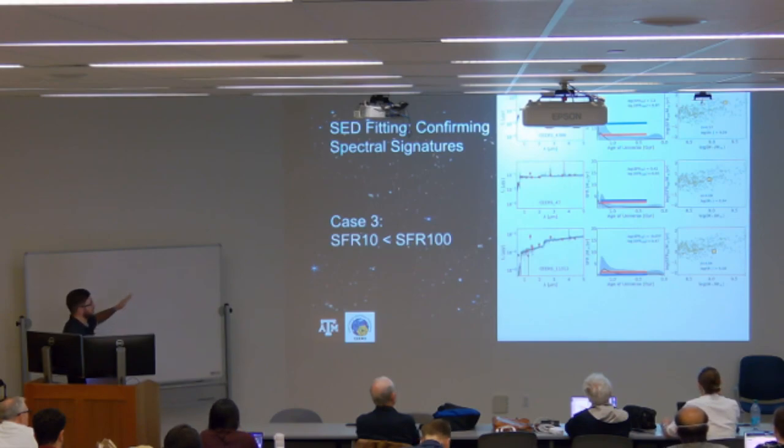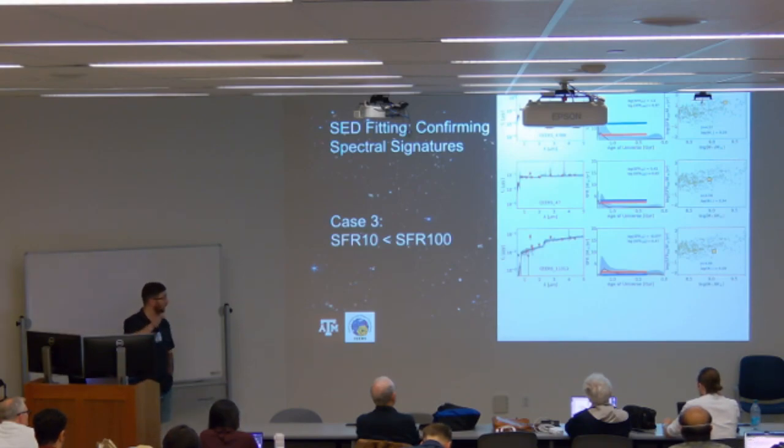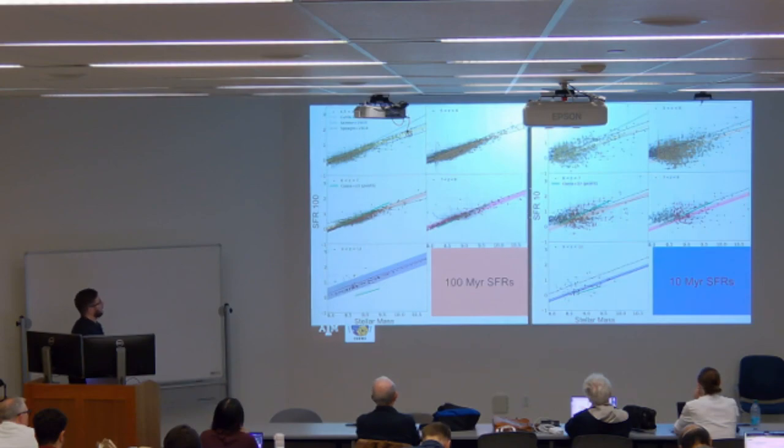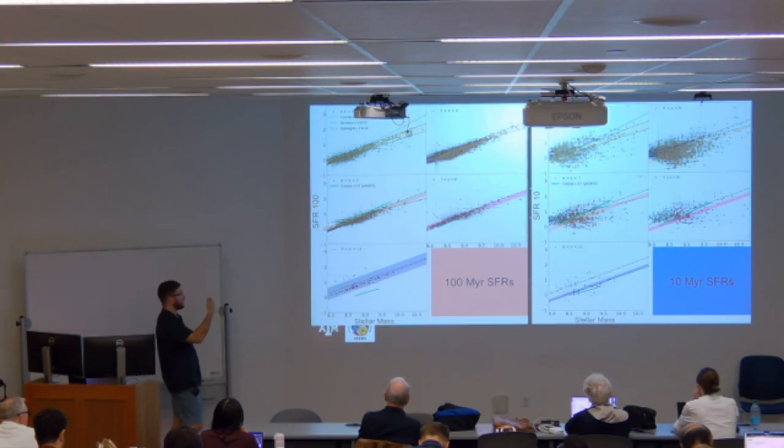So these are the 3 cases that we want to focus on here: really rising, flat, or declining star formation history. And this is motivated by the star forming main sequence when measured over 100 megayears versus over 10 megayears.